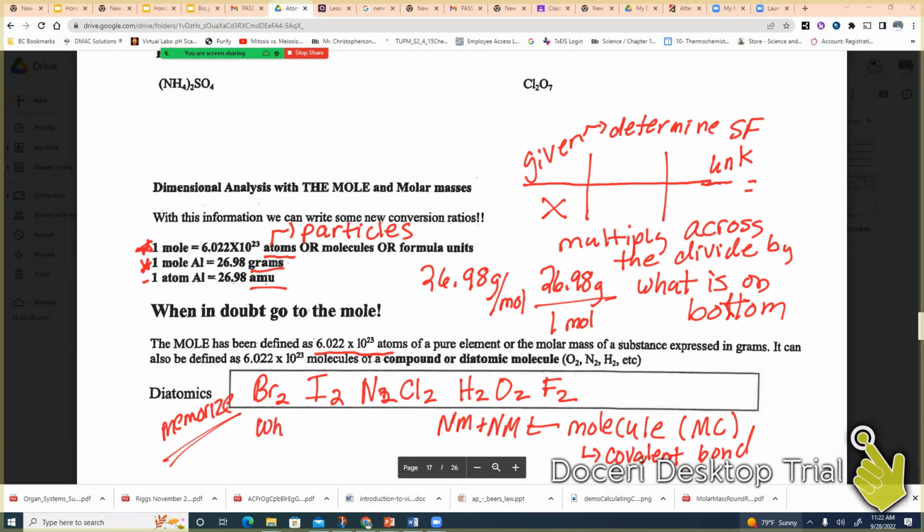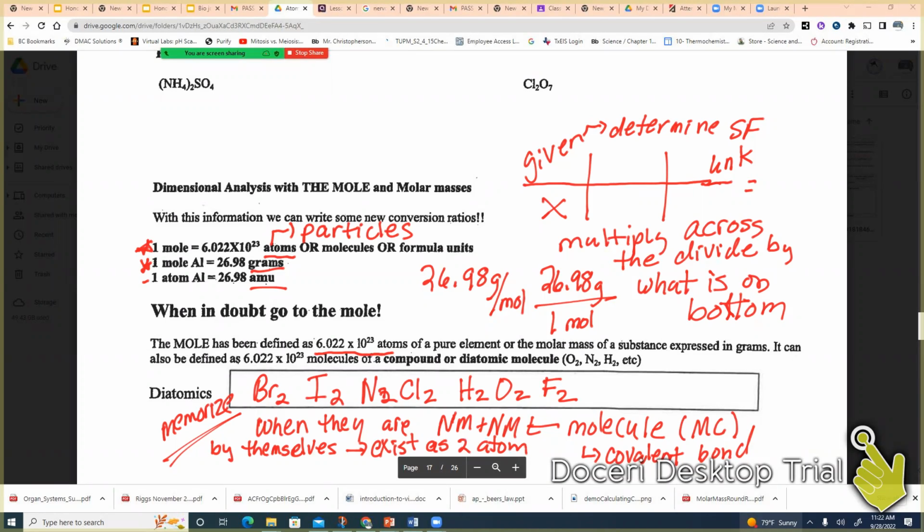So when they are by themselves, they exist as two atoms bound together. That's only when they're all by themselves.